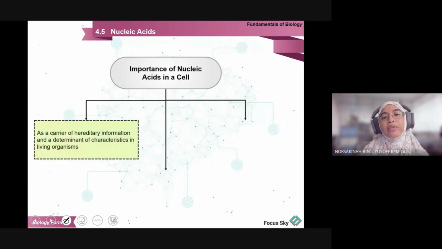Why is nucleic acid important? Of course, it carries the hereditary information. Without it, you will not carry your mom's hair or your father's lips. Whatever you get from your parents, your uncles, aunties or your grandparents, it is all because of the nucleic acid.